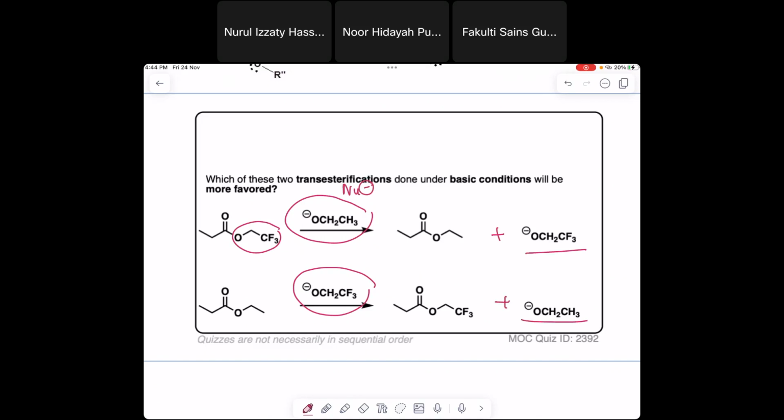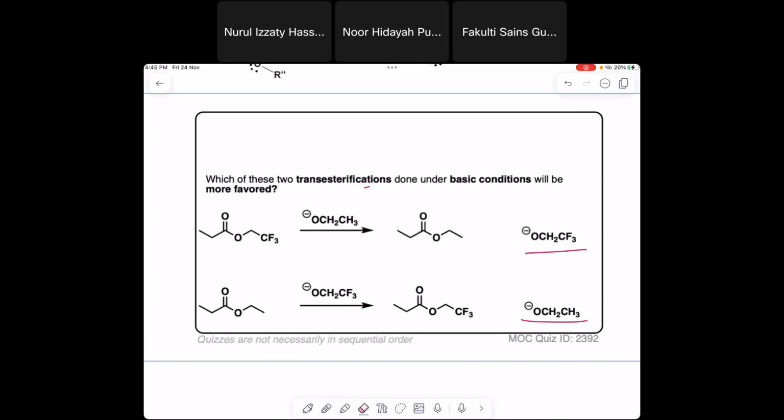These two stuff. Okay. So stronger base, kalau kita tengok kat sini, beza dia kat hujung saja, you ada CH3 and CF3. So by having a more electronegative group kat situ, our trifluoromethyl, it makes you a bit more weaker base. So jawapan dia adalah yang pertama lah yang lebih favored.